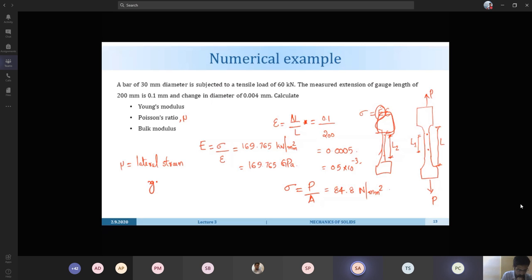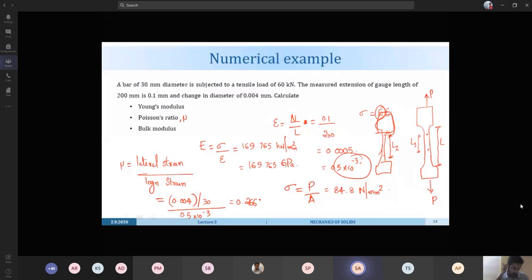So the change in diameter is 0.004 divided by 30, whole divided by 0.1 by 200. The longitudinal strain you already calculated here, 0.005, yes, sir. So it is coming as 0.266.